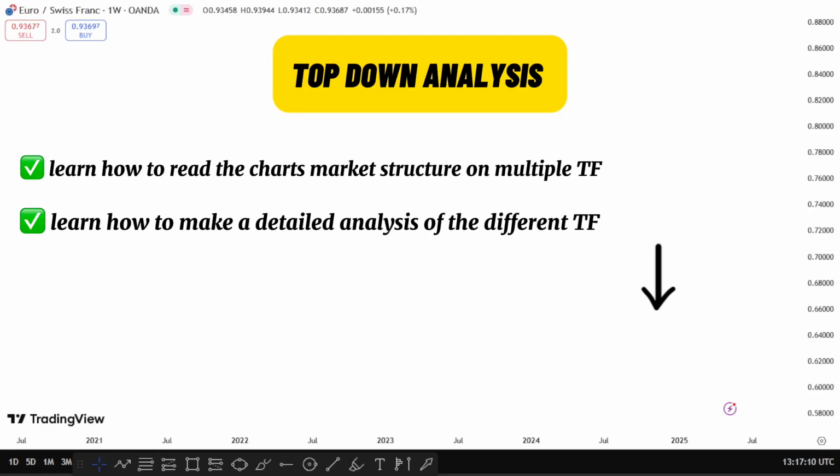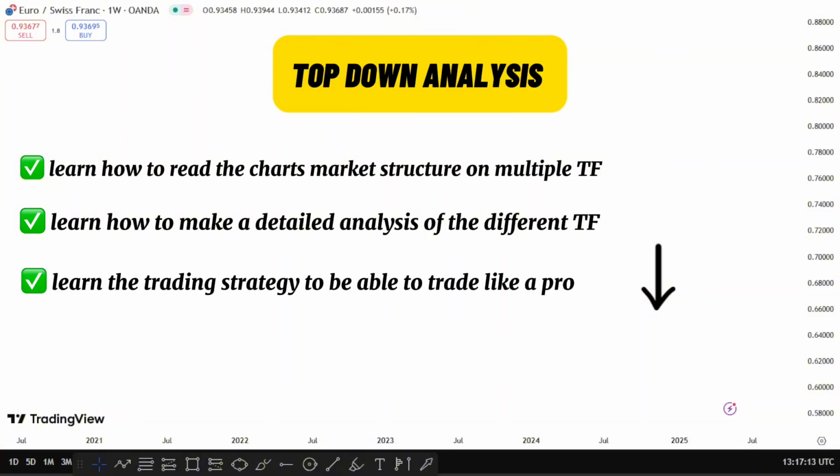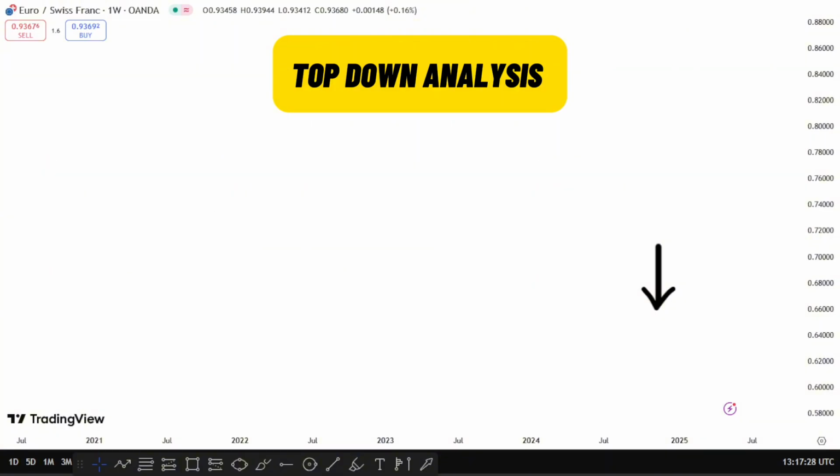And lastly, you're going to learn the best entry strategy and the best entry technique to actually use these multiple time frames in your favor. So without wasting much time, let's dive straight into it.